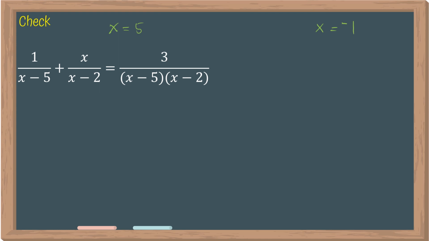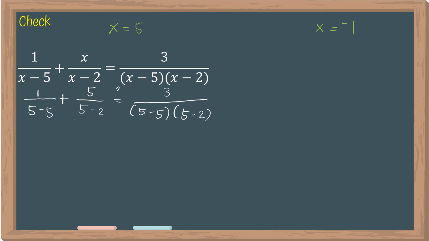Okay, so let's work with 5 muna. So in this case, we will have 1 over, replacing x with 5, we have 5 minus 5 plus 5 over 5 minus 2 is equal to 3 over 5 minus 5, and then we have 5 minus 2.